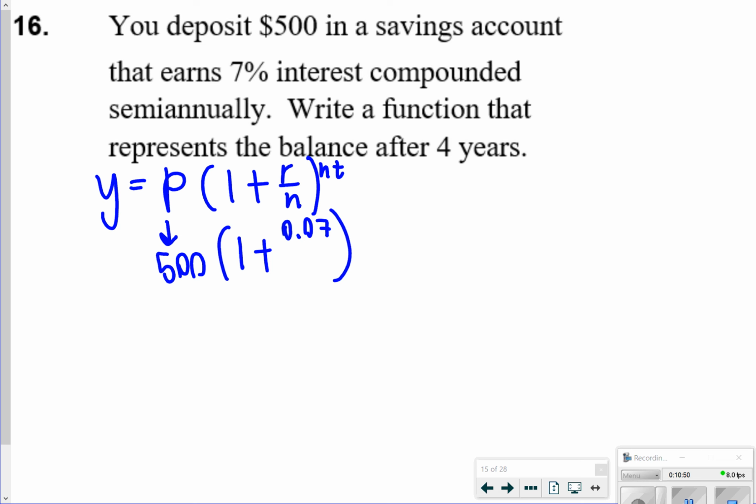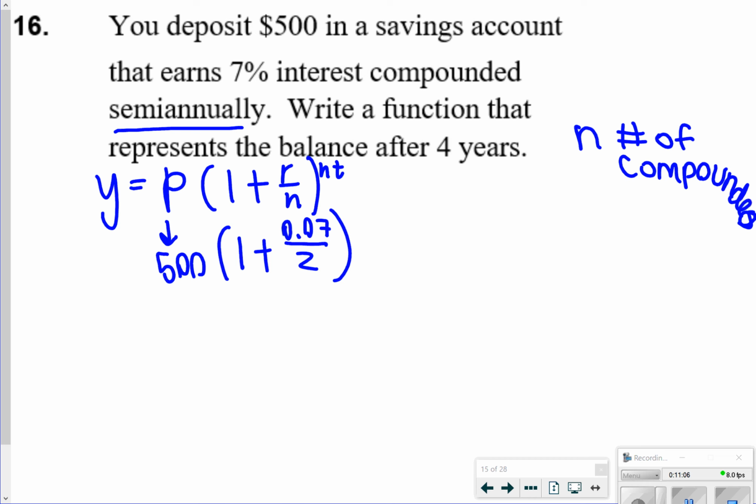And then I need to figure out what n is equal to. It does say it's compounded semi-annually, and n is the number of times it's compounded. So because it's compounded twice, I'm going to divide 0.07 by 2. And then I still have to multiply n, which is 2, times t, which is 4.